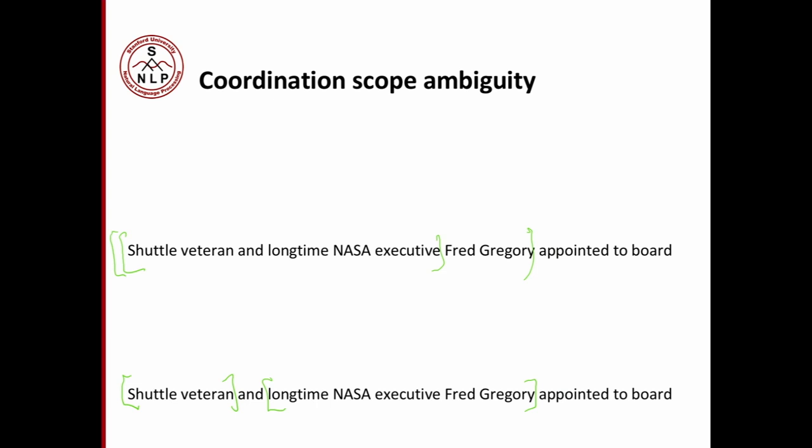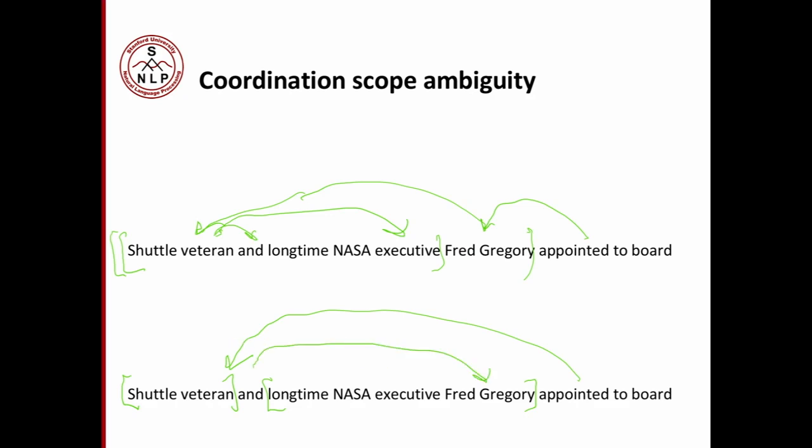So we can either say there's Fred Gregory, and then this person is a shuttle veteran and long-time NASA executive, or we can say we're doing appointment of a veteran and the longtime NASA executive Fred Gregory. And so we can represent by dependencies these two different structures.